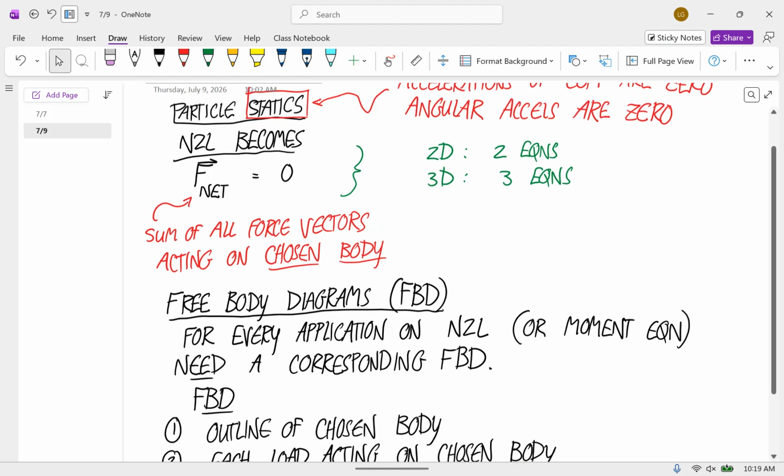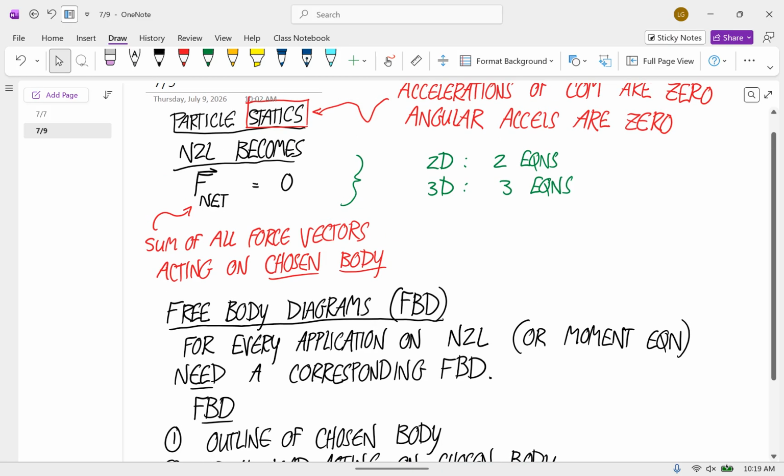So why am I glossing over all that internal stuff when the rule for Newton's second law says add up all the forces, every single force, and it has to be equal to 0? There's a really nice, clean reason that we can do this. And it has to do with a Newton's law other than the second law.